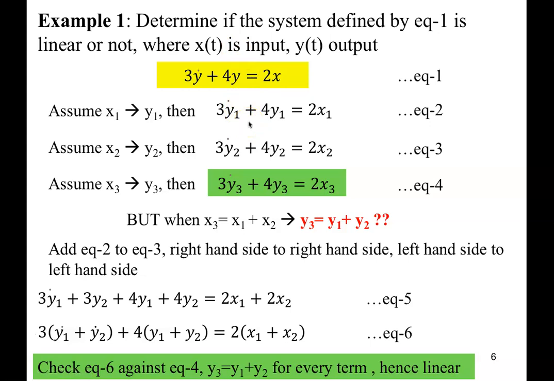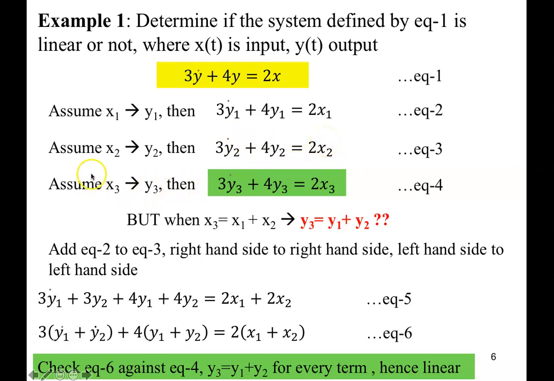So if I apply x1, we get y1, and of course that differential equation will stand. Let's change the input to x2. This same system will give me a different output y2, because the input is different. So I get 3y2 dot plus 4y2 equals 2x2.